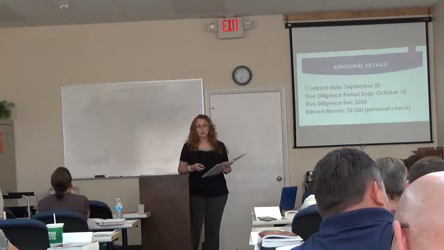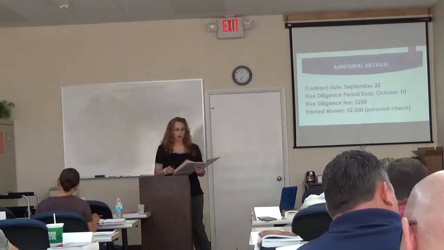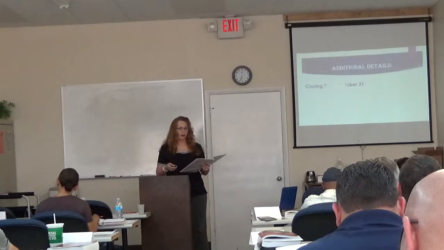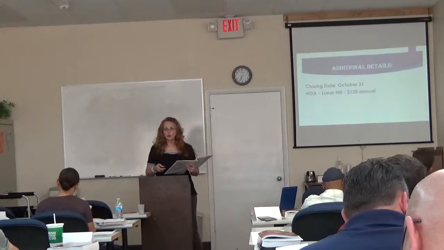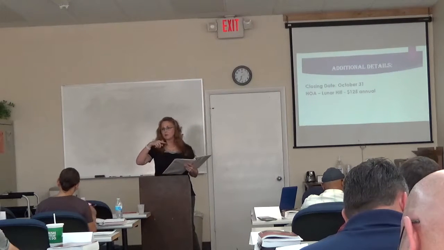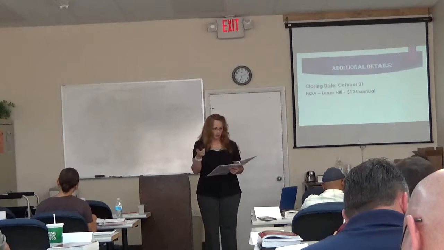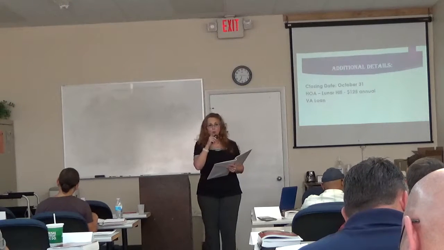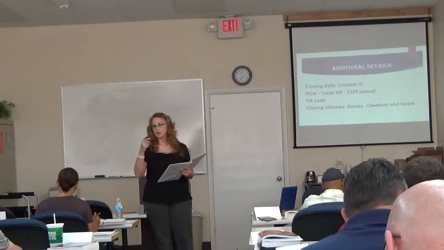The earnest money is going to be $2,000, and it's going to be written in a personal check. The closing date is going to be October 31st. The Homeowners Association is Lunar Hill, and they have to pay $125 annually for the Homeowners Association dues. It is going to be a VA loan. Now, this is a very important bit of information. And also, the closing attorney is Dewey, Cheatham, and Howe.